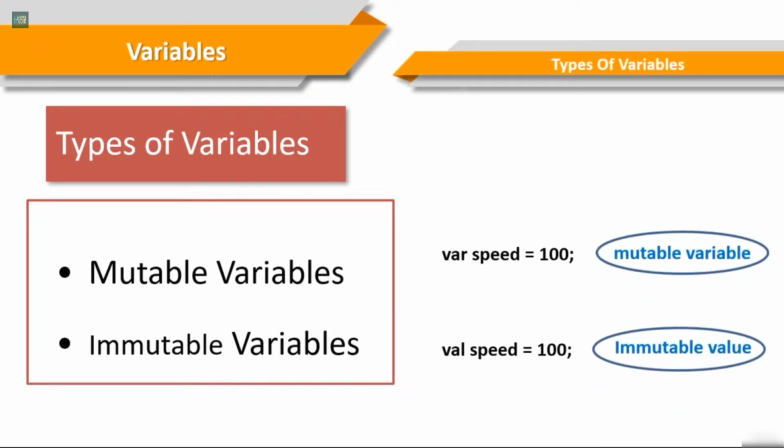This is also known as the mutable variable in Kotlin, whereas val is a constant variable. It cannot be assigned multiple times and can be initialized only one single time. So that's why this is known as the immutable variable in Kotlin. All right? Val, the immutable variable in Kotlin.